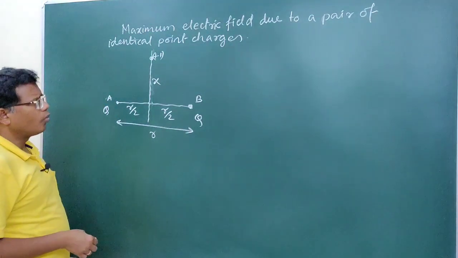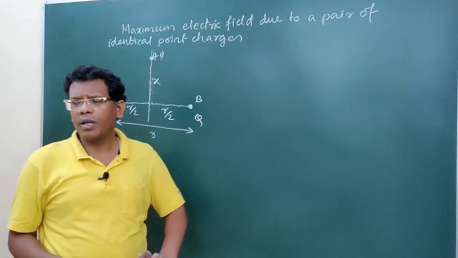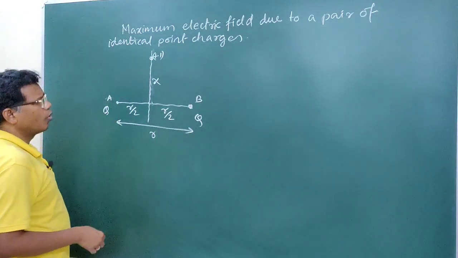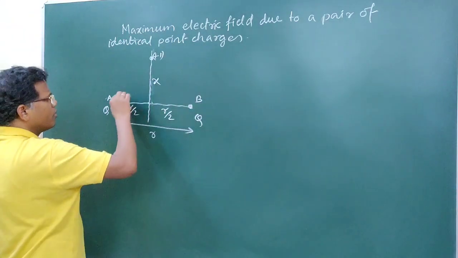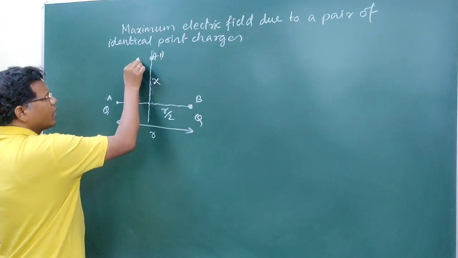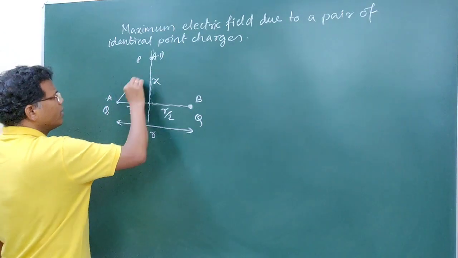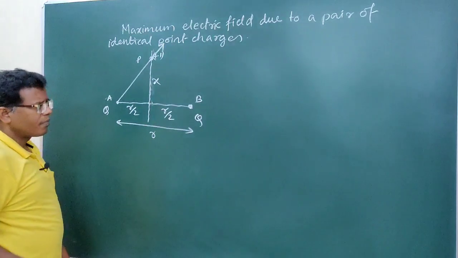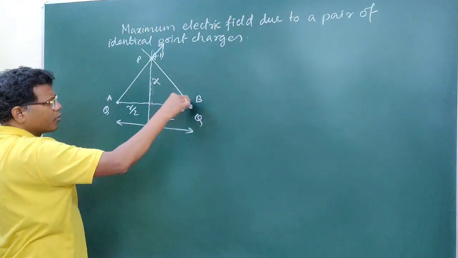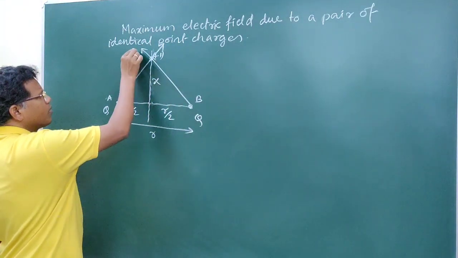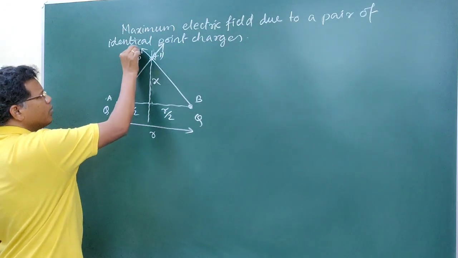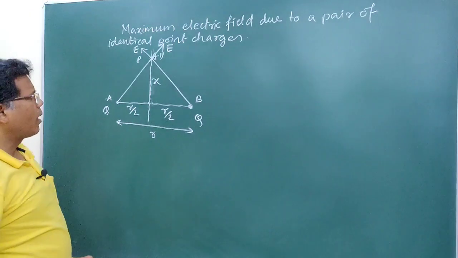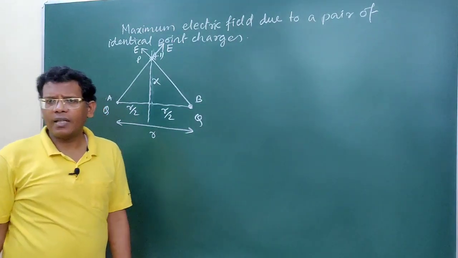I do not know what exact position that will be, so I have assumed an unknown x to locate that position. Let that point be P. The repulsive force by Q on +1 is this way, and the repulsive force by another Q on the +1 is this way. So these are the two forces on the +1 charge at P.